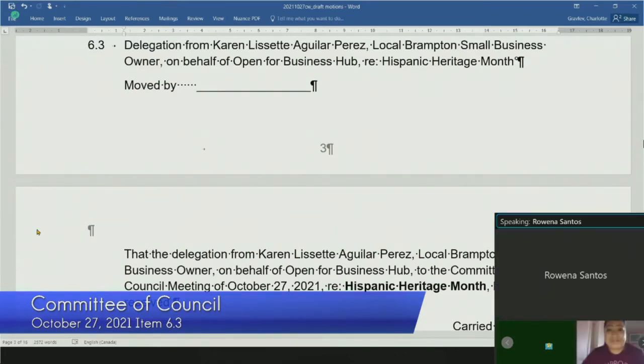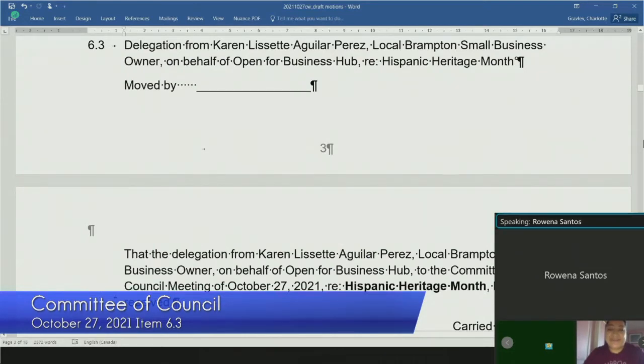And I'm so pleased that you gave such a beautiful delegation as to why it's important. And certainly I support it, and I will be moving, after a couple of questions, a referral back to staff for consideration and how we could incorporate Hispanic Heritage Month in our calendar for 2022 as per your recommendation.